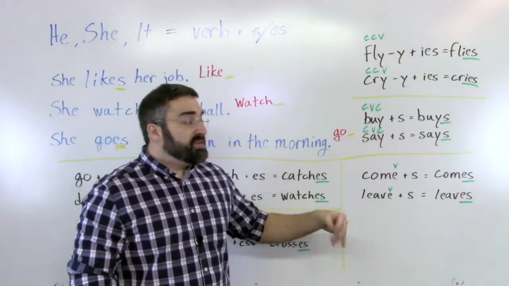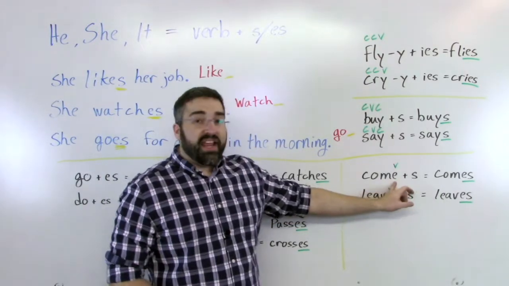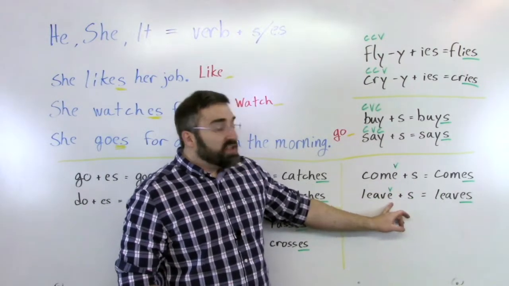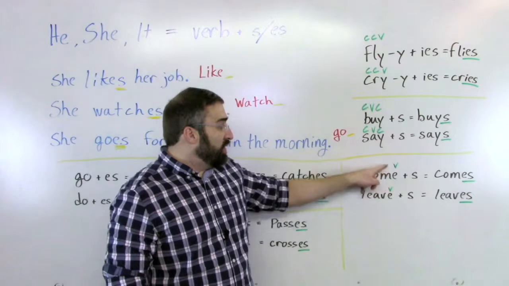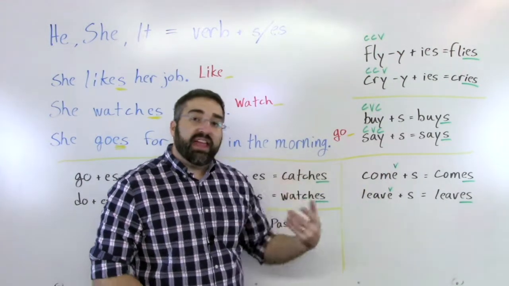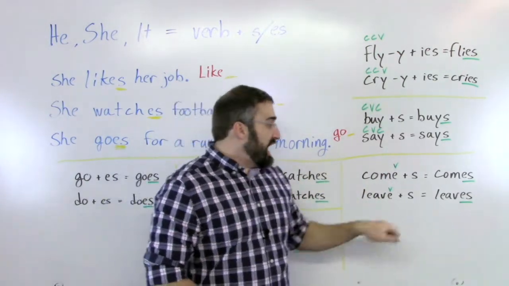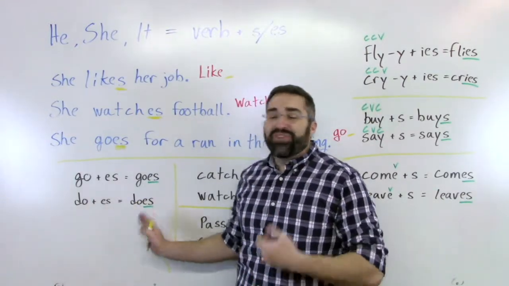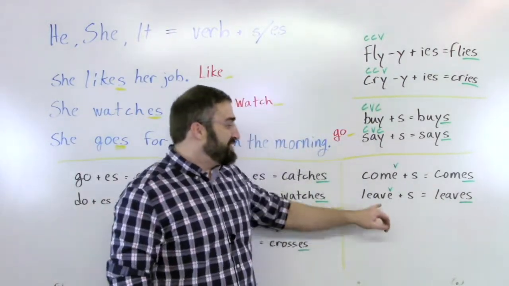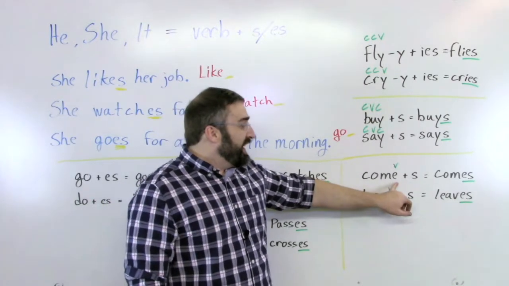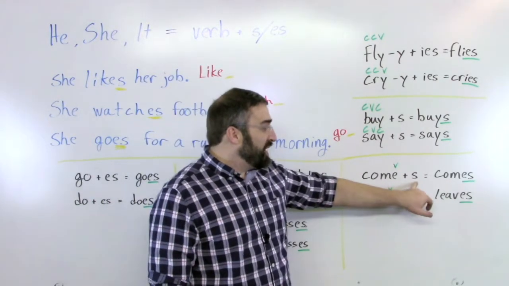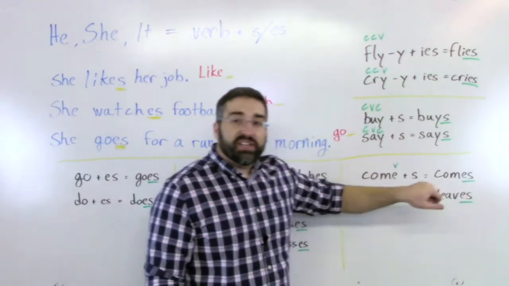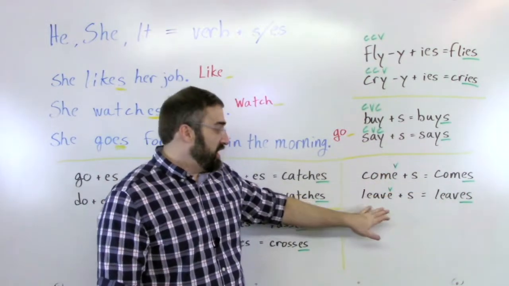Some other times, our verb has an E already on the end of it. So often if we have a vowel at the end of that word, we're going to add an S. This, of course, doesn't apply over here. The rules always change for vowels. So we have come plus S, comes. She comes home at 8:30.